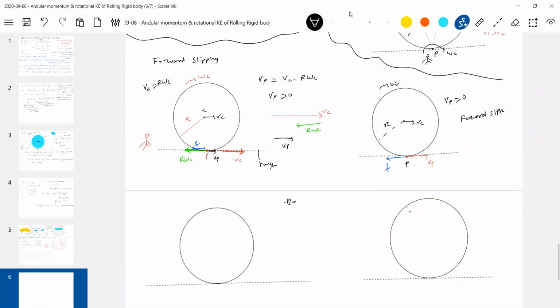We are defining backward slipping. In backward slipping, what conditions will arise? Vc less than R omega C. What is the velocity of point P? It will be like this. R omega C will be greater. Then the resultant velocity will be towards left.